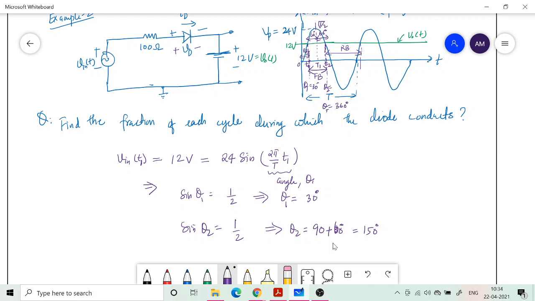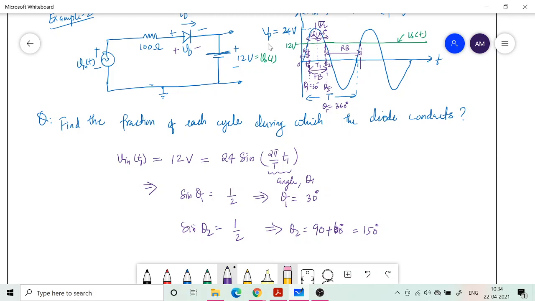The next occasion is after it crosses 90: it has to go the same amount of angle to the right side. From 30 to 90 there is 60, then another 60 it has to go, since it decreases symmetrically with respect to the 90 degree point. Therefore we can say that it is 150 degree.